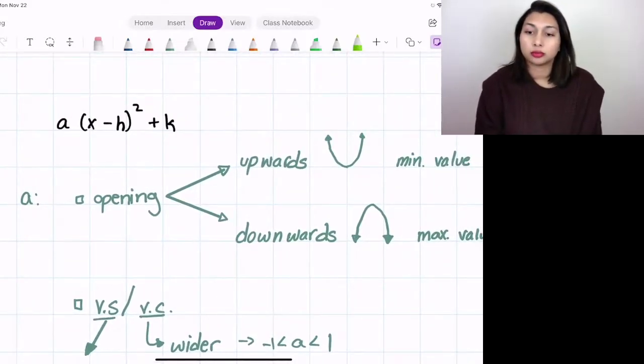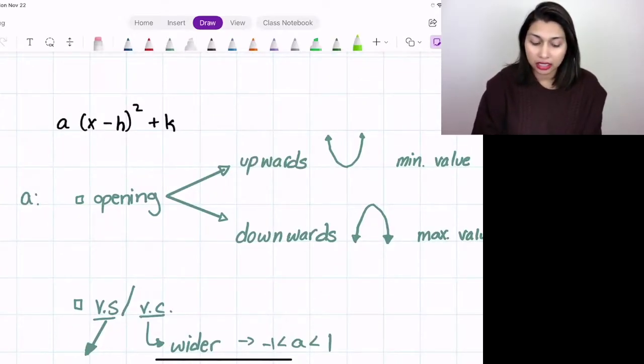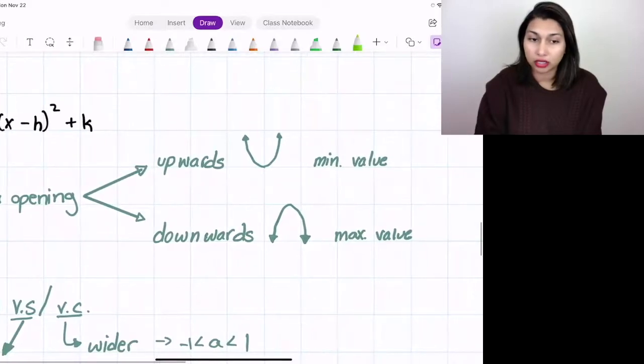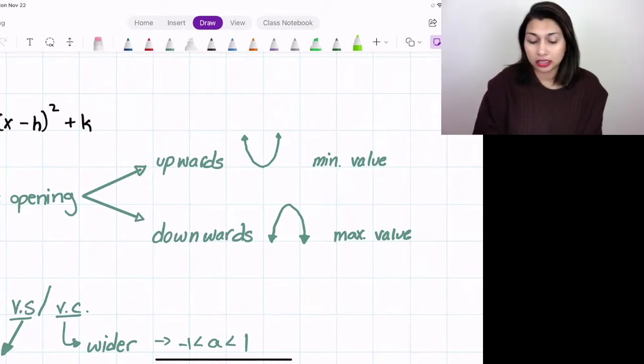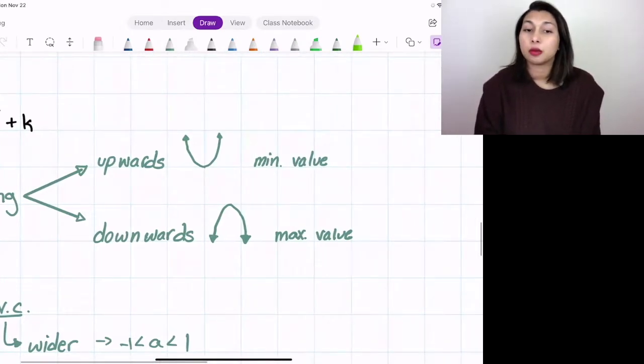When we are stating our transformations, we look at the vertex form. From the vertex form, we are given a few different letters: a, h, and k. The a represents the opening, and the opening can either be upwards or downwards. If our opening is upwards, then it has a minimum value.